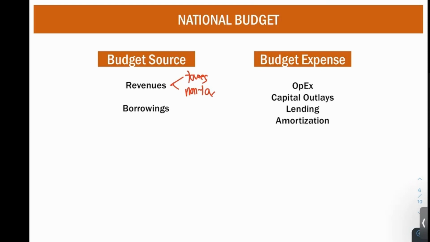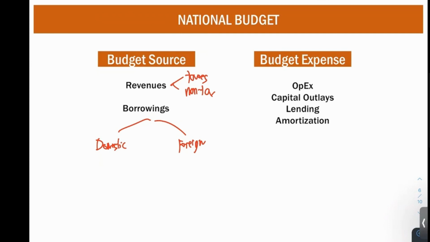Next, borrowings. Borrowings can either be domestic borrowing or foreign borrowing. When we say domestic borrowing, of course, the sources here are issuances of the government itself.